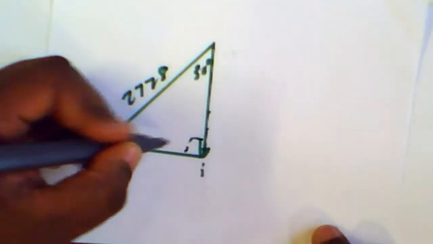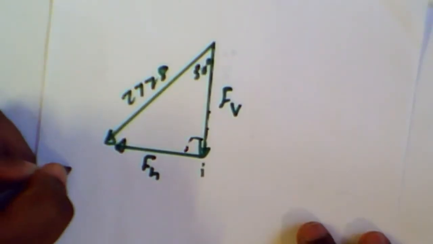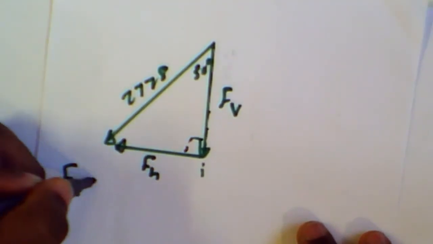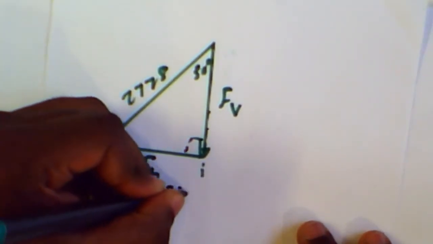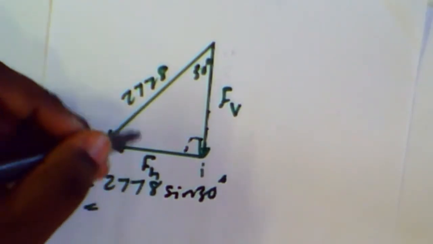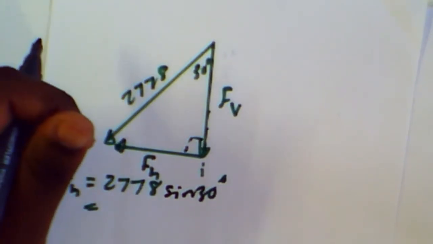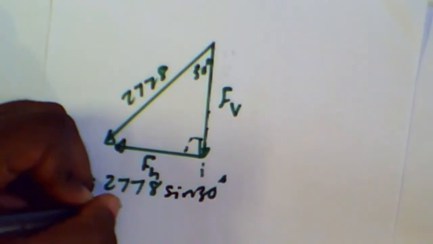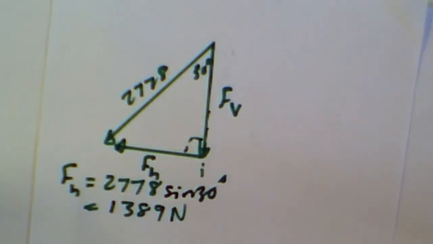To find F horizontal and F vertical, F horizontal equals 2778 sine 30 degrees. If I calculate that, 2778 sine 30 degrees gives me 1389 Newton.